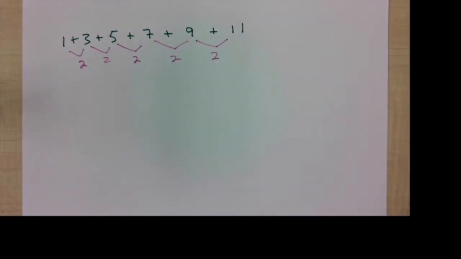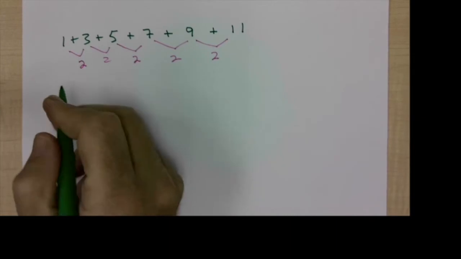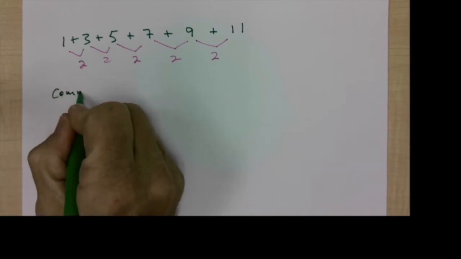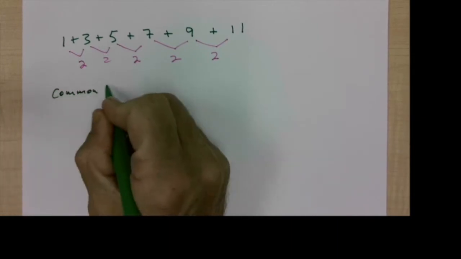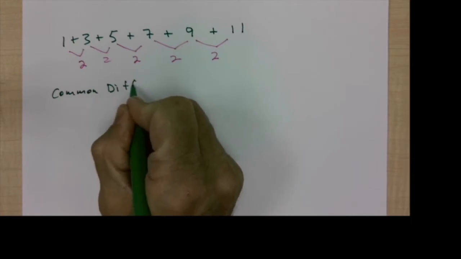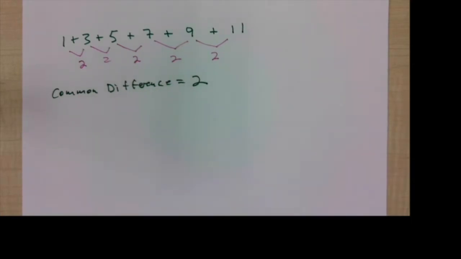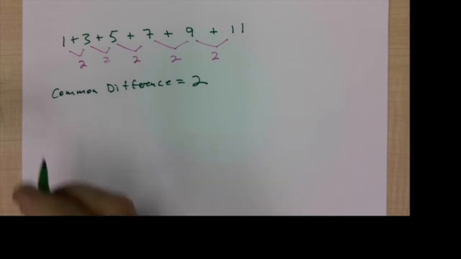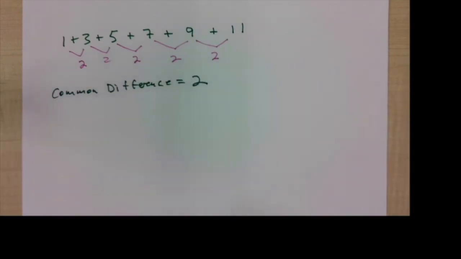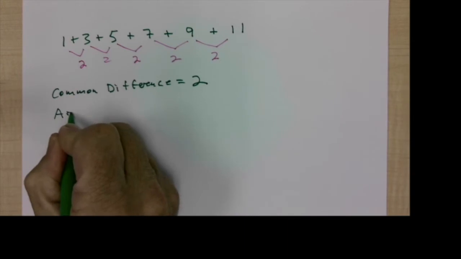When there is a common difference, in this case the common difference is 2, and it's constant all the way across the board, our series or our sequence is arithmetic.